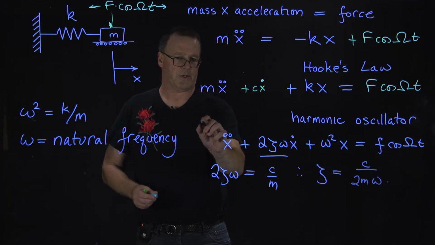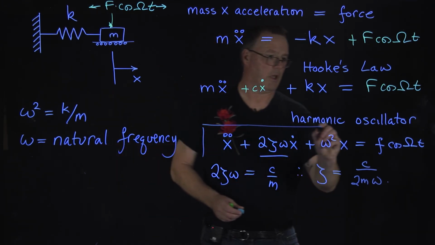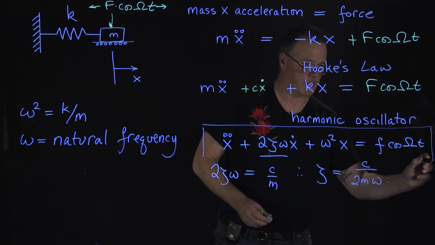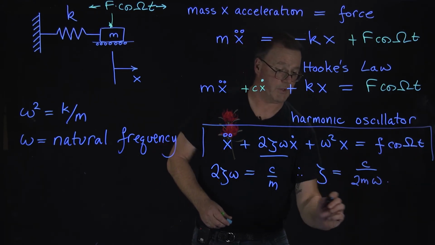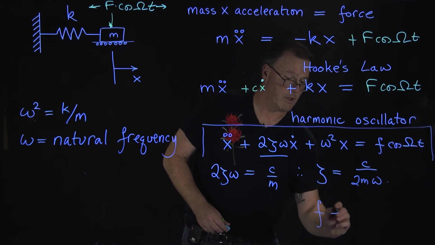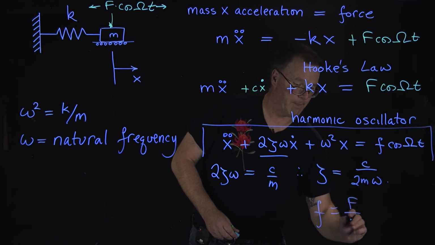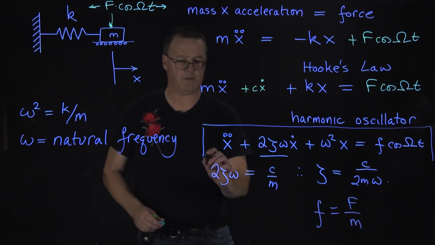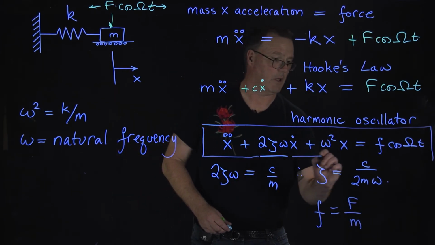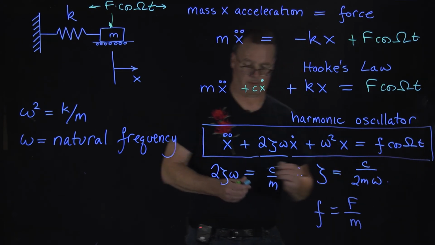So this is the equation that we're going to solve using complex variables. So little f, of course, is big F over m.